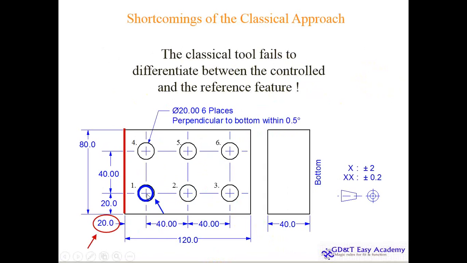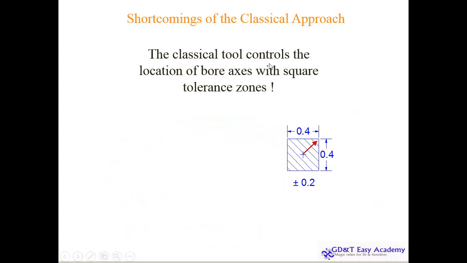What about the position of this hole from this edge? The typical 20 dimension here is measured, but how is the flatness varying, how is the straightness gauged? What about this hole's position from this edge, which is 20? What about both positions simultaneously from the edge? What about from the top, its typical dimension? Nobody knows, because all the tolerance is controlled across a rectangular tolerance zone.